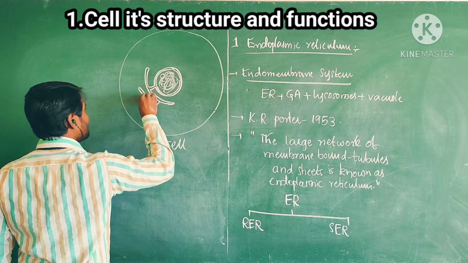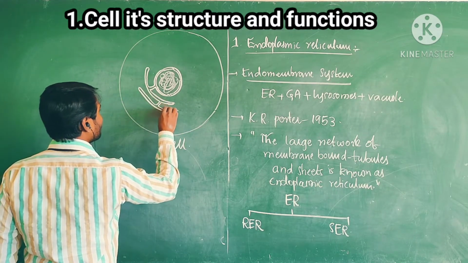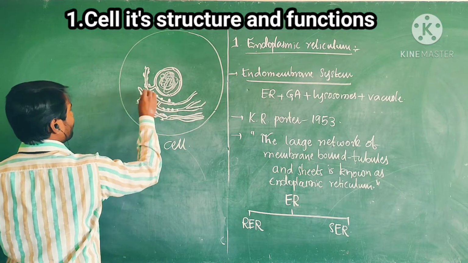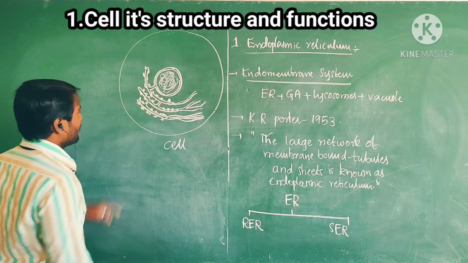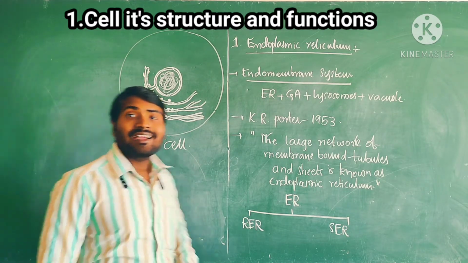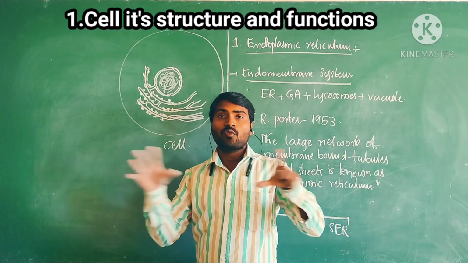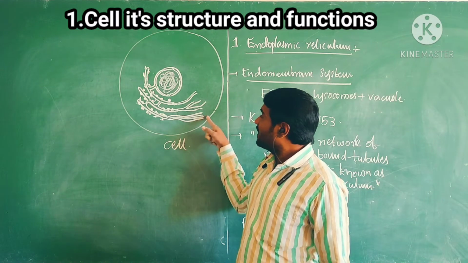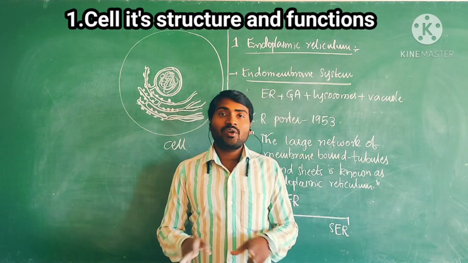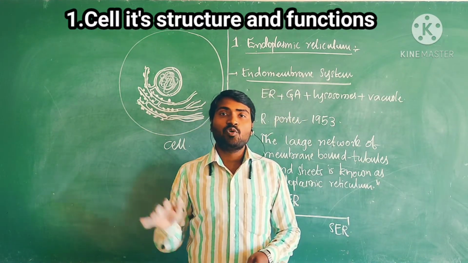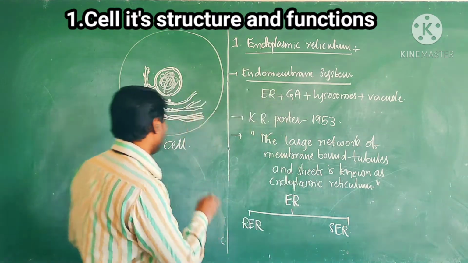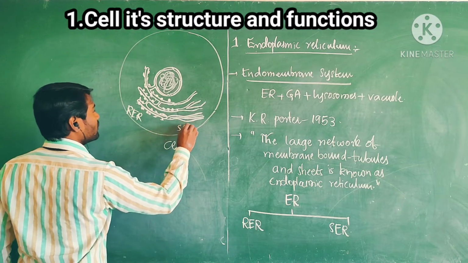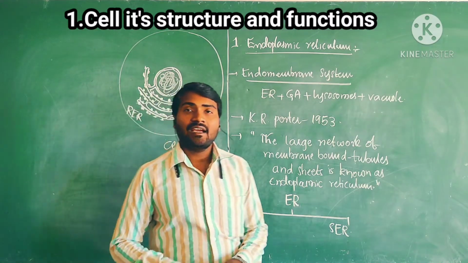So this is the region of the endoplasmic reticulum. This part contains ribosomal granules over its surface, hence it looks like a rough surface. And here there are no ribosomal granules, so it is very smooth. Hence it is called rough endoplasmic reticulum (RER), and smooth endoplasmic reticulum (SER).